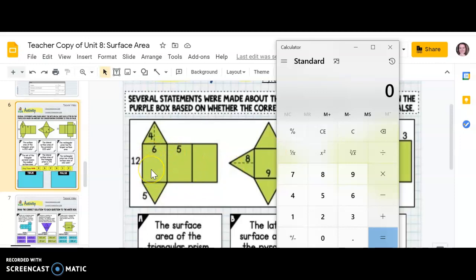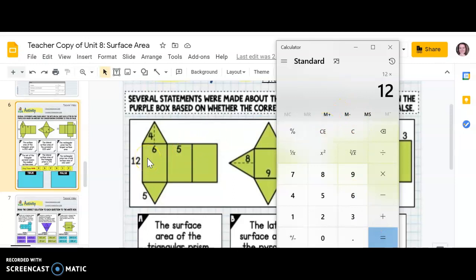This shape right here is going to be the same as this shape right here. Let's see, 5, 4. I think these two are going to be the same, and then this one's going to be different. So I have 12 times 6 because, well, let me slow down a little bit.